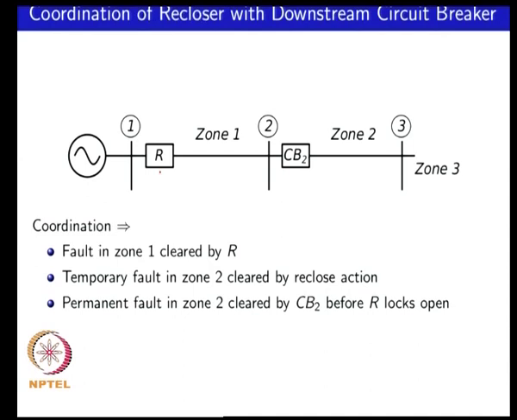So, after it recloses, it will see whether its current is still going above the threshold, and then it will go through such cycles of say closing for say n cycles. After n cycles, if the current is still above the threshold, then it stays locked open. Okay. So, in terms of logic, it is a fairly simple and straightforward logic in terms of what the recloser would do. Okay.